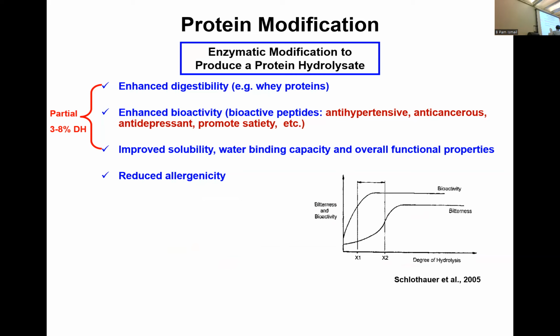Increase the degree of hydrolysis, you might get very similar bioactivity, slightly higher, and it plateaus over time. With more hydrolysis, you don't necessarily get better bioactivity, but you get a steep increase in bitterness. So we want to maintain a low degree of hydrolysis, we can get good bioactivity and not so much bitterness, and hopefully potentially enhanced functionality.